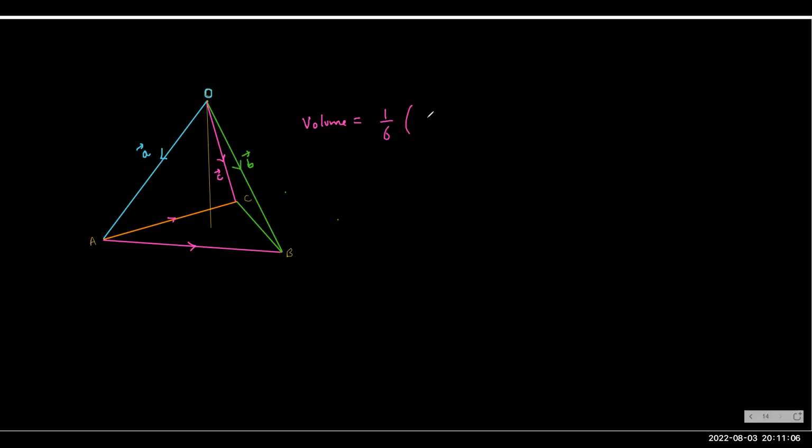We can take the base area, which is AB cross AC, and then we'll take the dot with the height, which we can take as N cap.